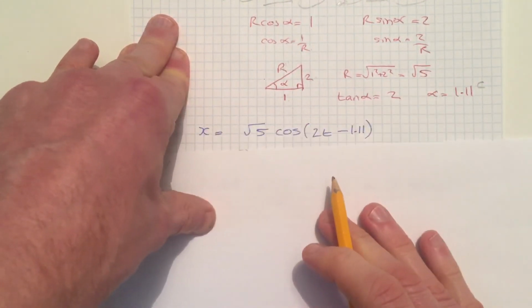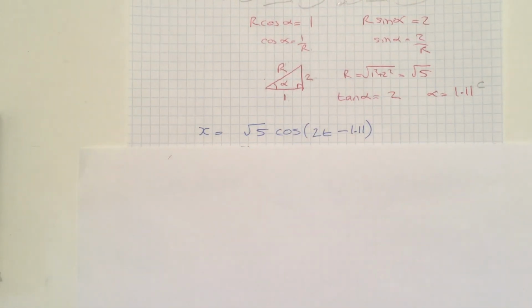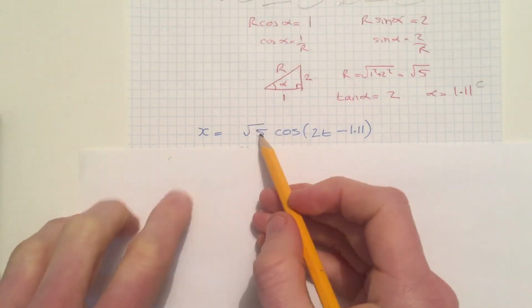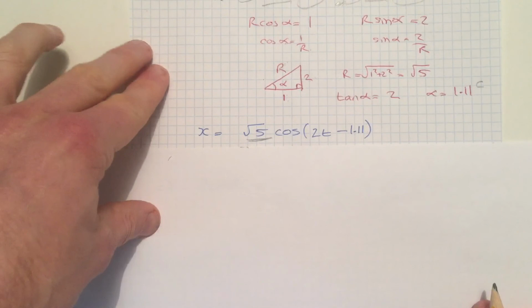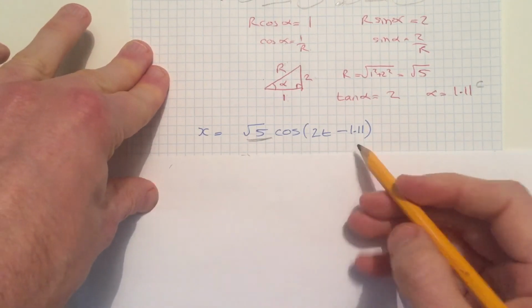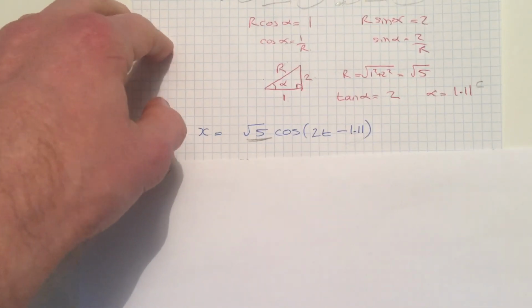So I can now rewrite my original equation in this form, which is useful because that tells me that the amplitude is root 5. Remember this here is representing the starting position.